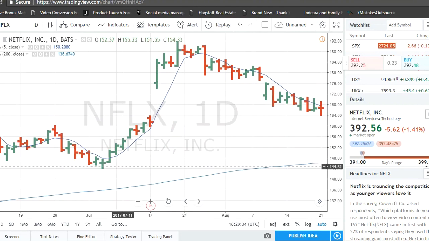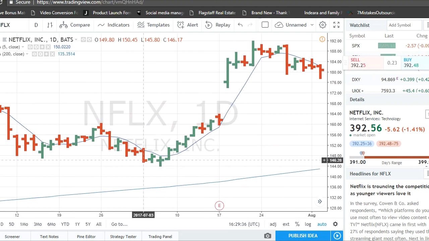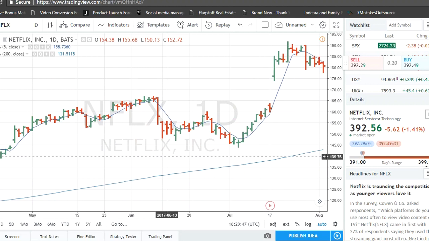So we buy here, the market close of the 4th down day out of 5, and we sell here for a profit. Now let's take a look. Let's see if we can find one more. 1, 2.